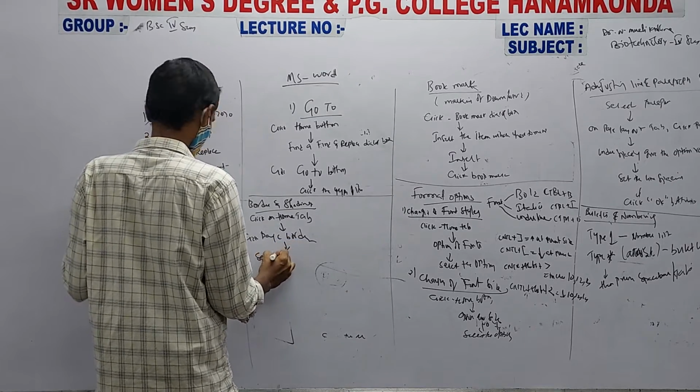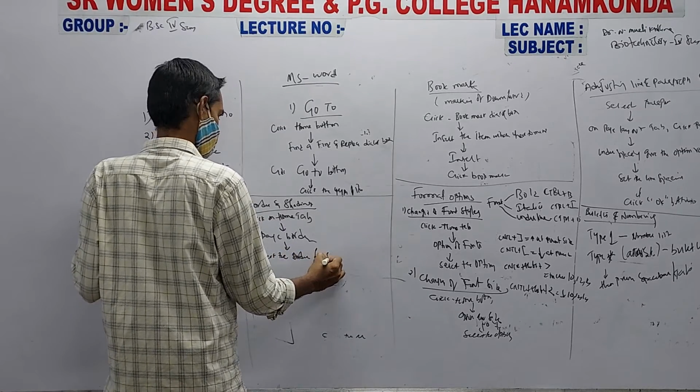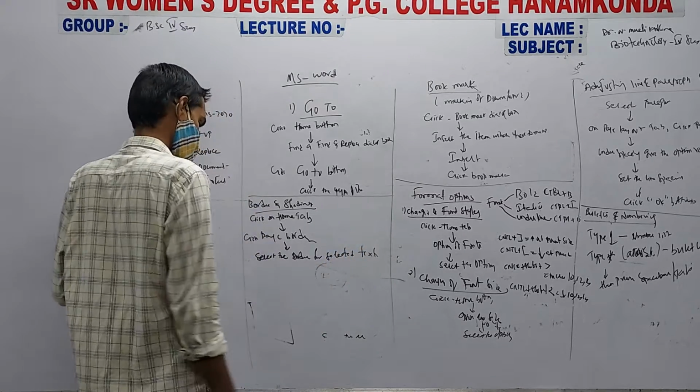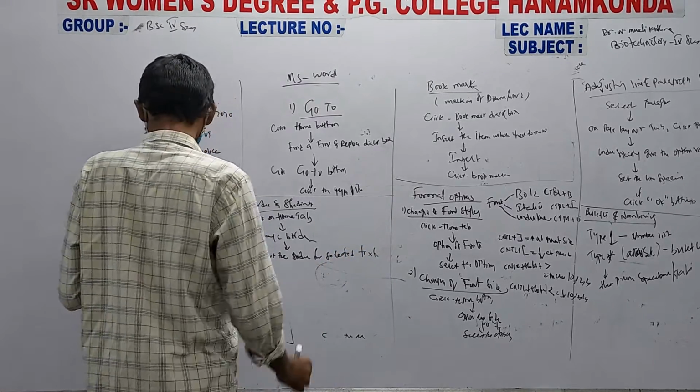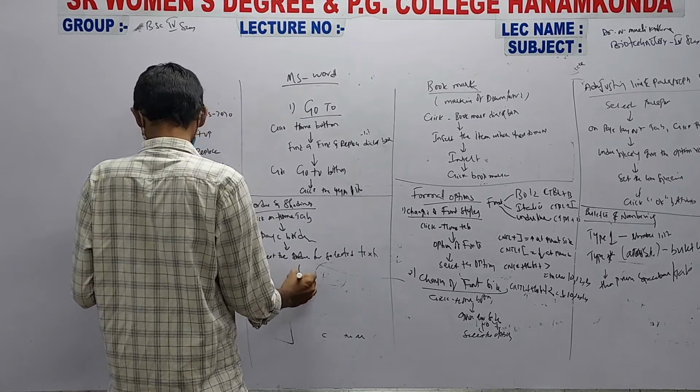Select the border for the selected text, and then go on clicking.